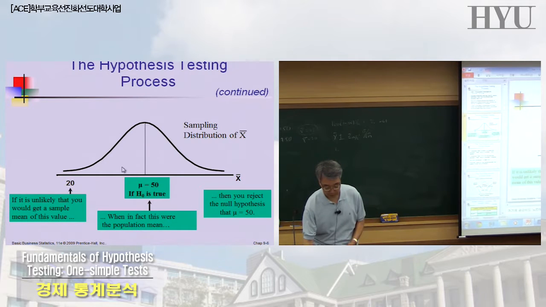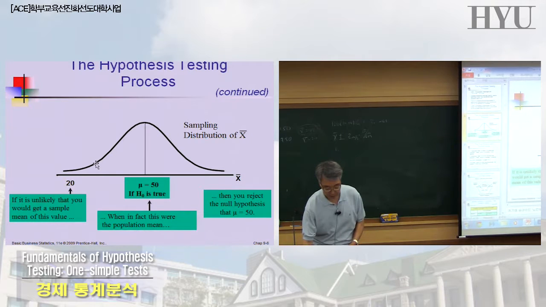Let's say this was about 1 standard deviation distance. Within 1 standard deviation below and above the mean, we're going to have 68%.